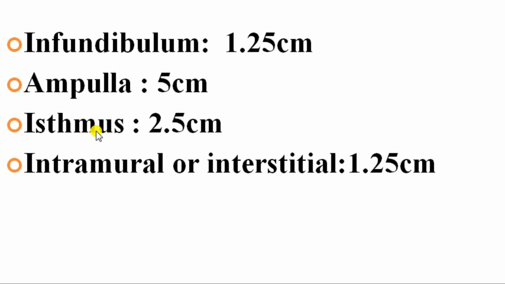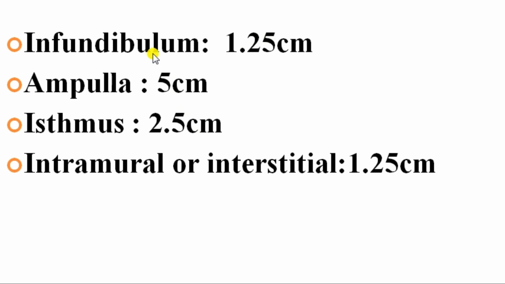Isthmus forms the medial 1/3 of the tube and it is a rounded cord-like structure. Last is the intramural or interstitial part, which lies within the wall of the uterus and it opens at the superior angle of the uterine cavity.